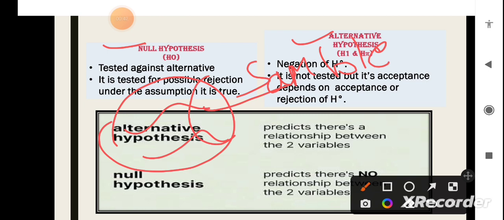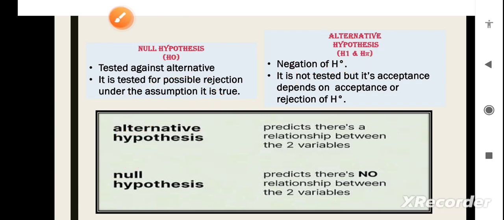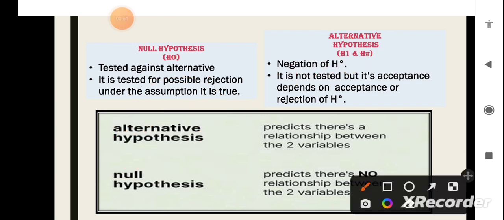Null hypothesis is denoted by H0 and it is tested against the alternative hypothesis. Null hypothesis is tested for possible rejection under the assumption that it is true. In opposite to it is the alternative hypothesis, which is the negation of the null hypothesis, denoted by H1 or H alpha.